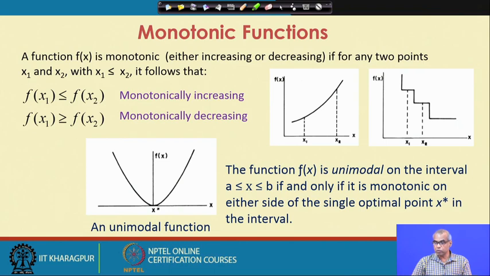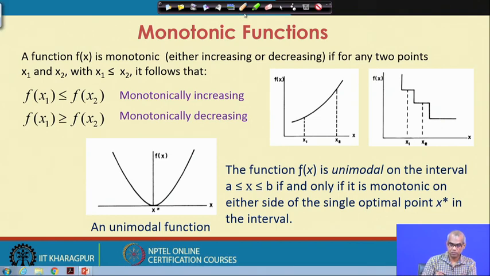The function f x is unimodal on an interval a to b if and only if it is monotonic on either side of the single optimal point x star in the interval. So, let us consider this function f x. You have a single optimal point x star. From the figure, we know this is the minimum point.